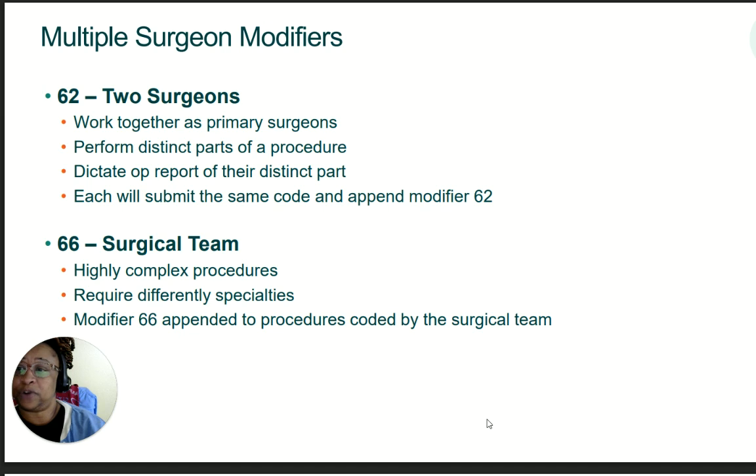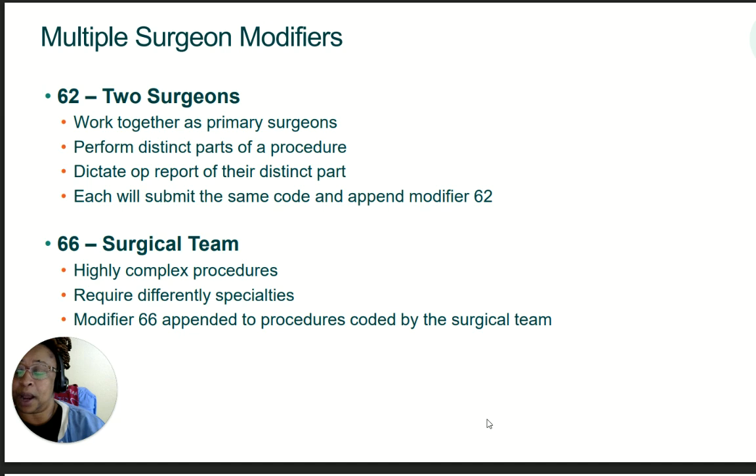62 modifier is for two surgeons working together as primary surgeons, performing distinct parts of a procedure and dictating an op report of their distinct part. Each will submit the same code and append with a 62 modifier. That indicates two surgeons. 66 modifier is for a surgical team.